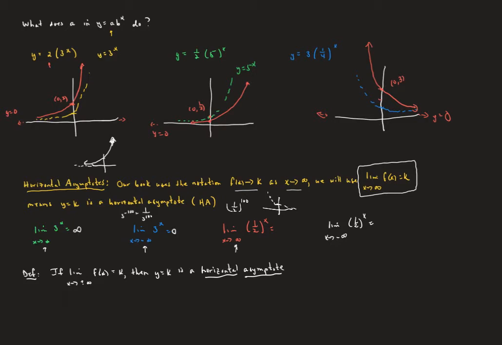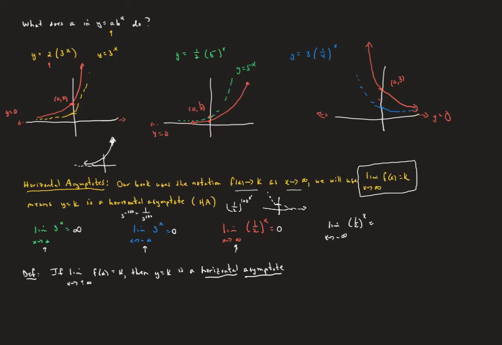A half times a half is 1/4. A half times a half times a half is 1/8. So as we put in bigger and bigger numbers here, the values of 1/2 to the x get really close to 0. You can see that as you move way out to the right, the curve approaches the x-axis.